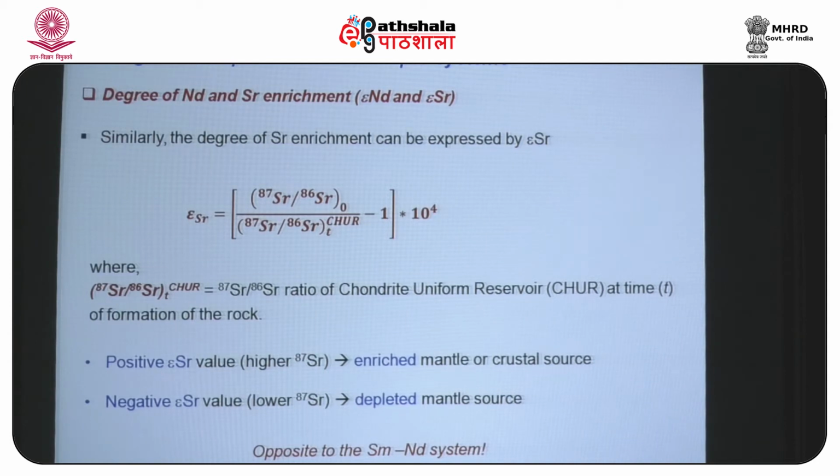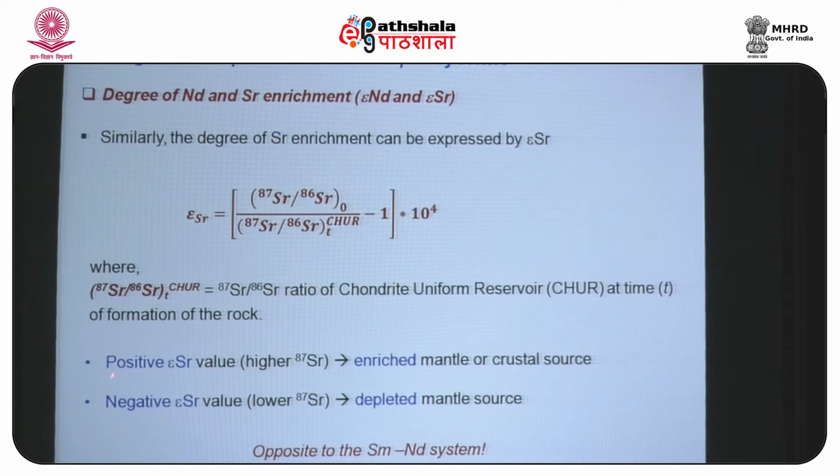Here again, the 87 by 86 strontium ratio at time t of CHUR is that of the chondrite uniform reservoir at the time of formation of the rock, when the decay process started.